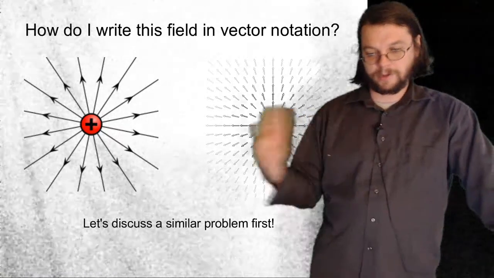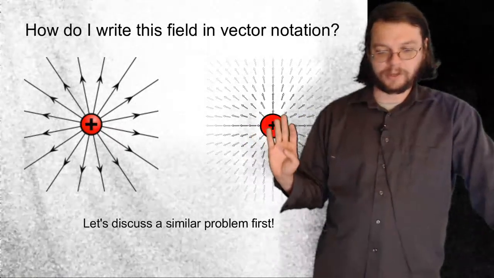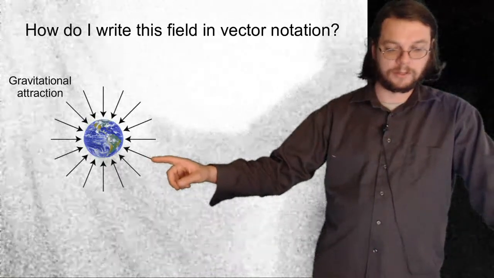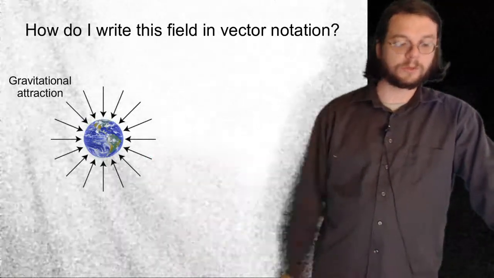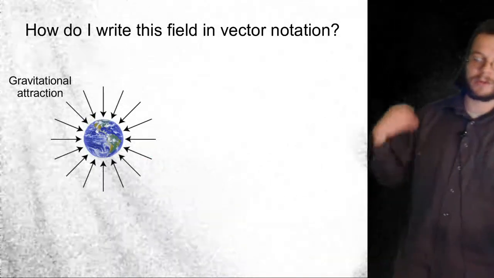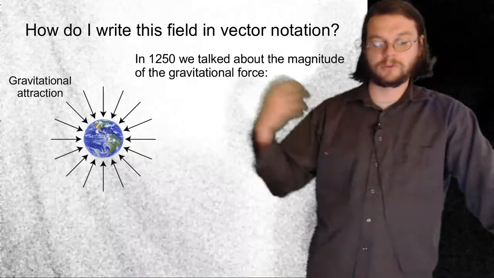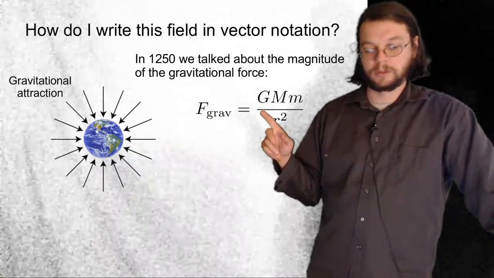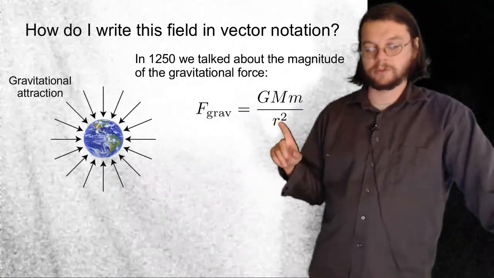Well, let's talk a little bit about gravity first. Let's take a break from all this crazy electric stuff and just think about gravity. So gravity sucks, right? Gravity is always pulling towards the Earth. If I was going to write this in vector notation, I would say there's a force of gravity. This is the magnitude of that force that we talked a little bit about in Physics 1250.